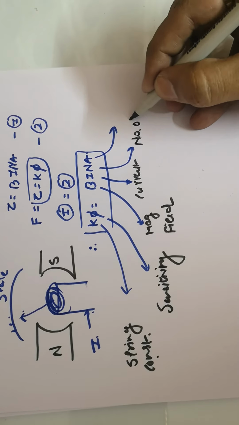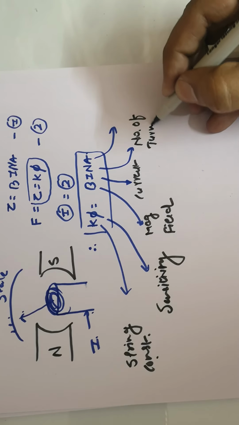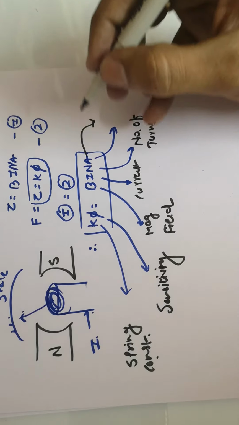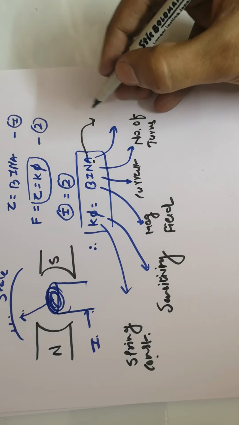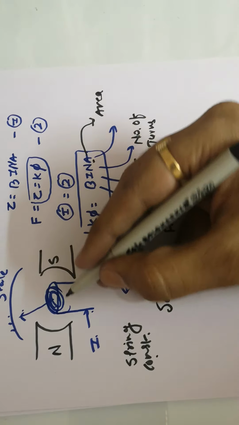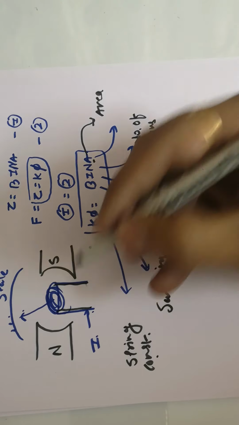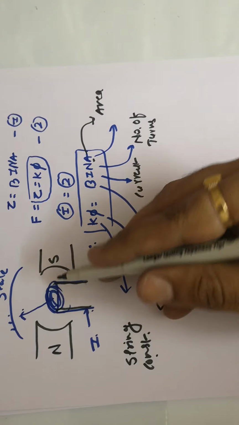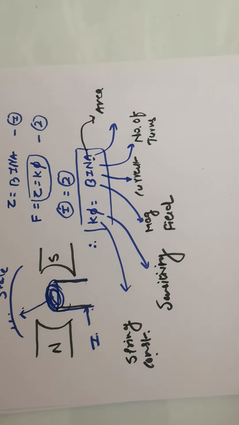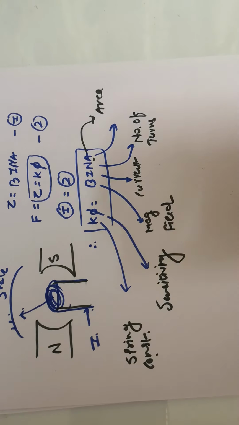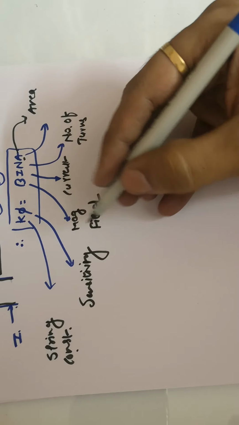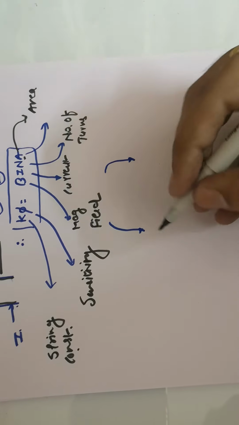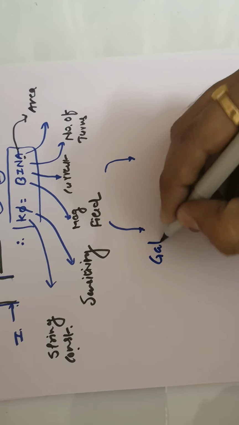N is the number of turns wound on our circular, cylindrical part, and A is its area. We are utilizing this formula in two types of terms.